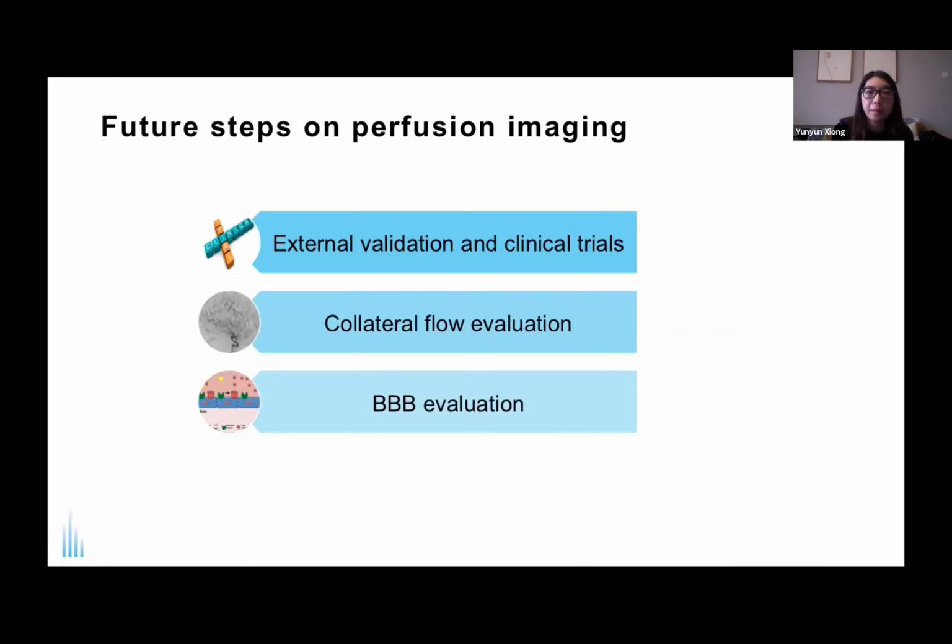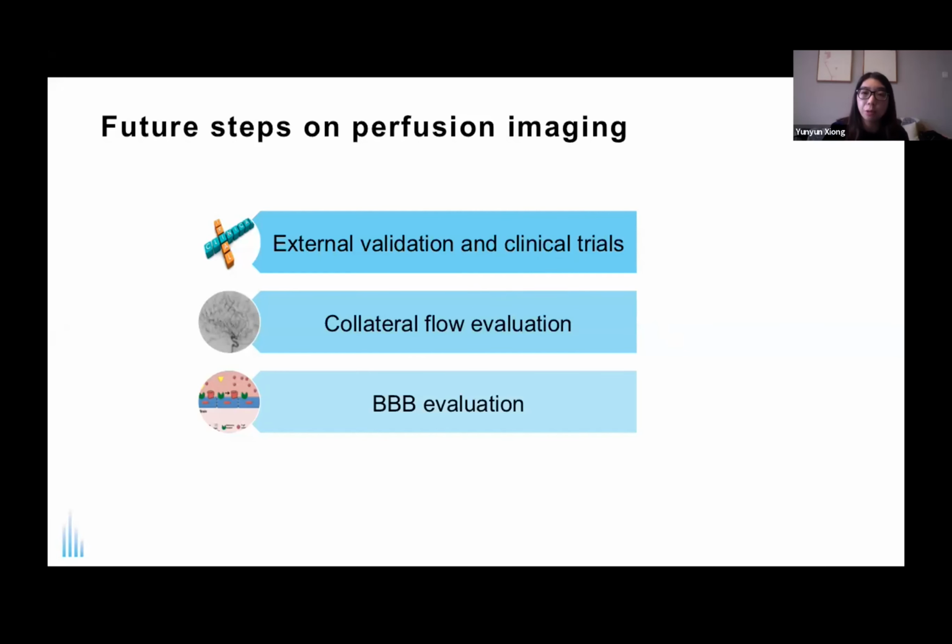For the further steps, we have already collected 6,000 patients from external hospitals. We will do external validation with a full set of clinical information as well. We will use this software for another clinical trial in China. This trial is registered in clinicaltrials.gov.